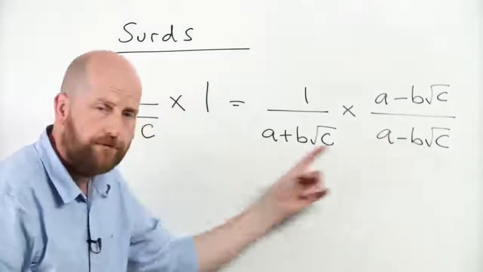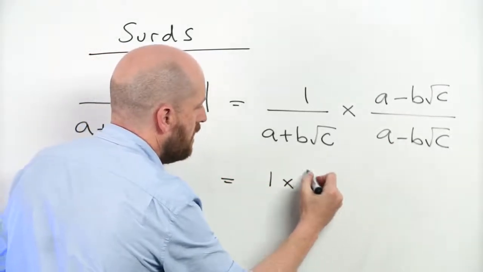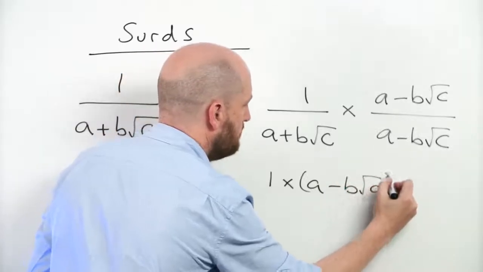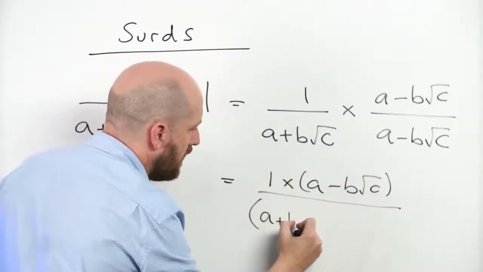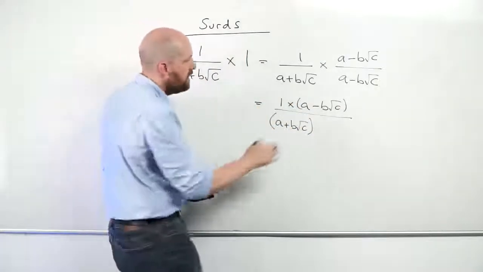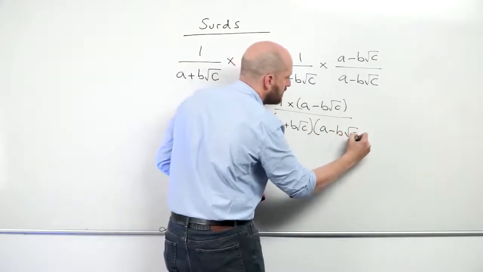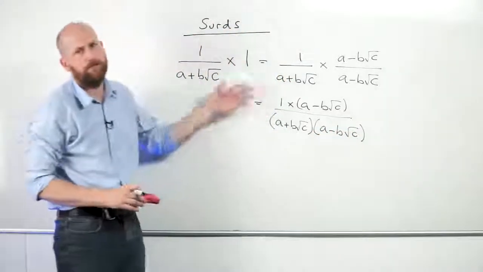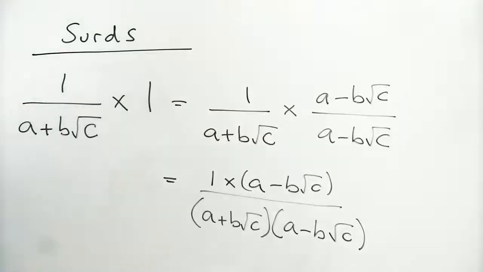So we're multiplying two fractions, so let's do that. It's 1 times a minus b root c over, and then let's put these in brackets just to be clear what we mean, a plus b root c multiplied by this thing here, a minus b root c. Okay, it looks like we've complicated this hugely from our original expression, but let's keep going.